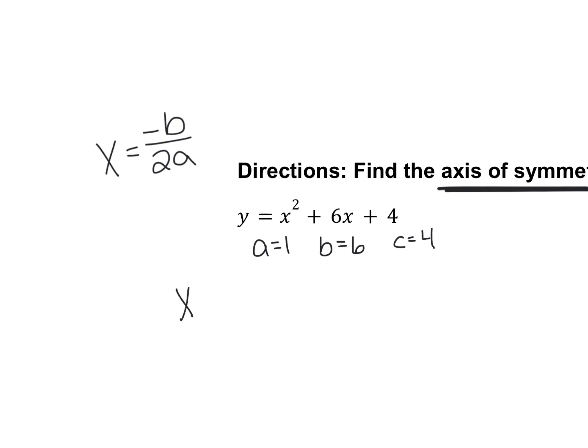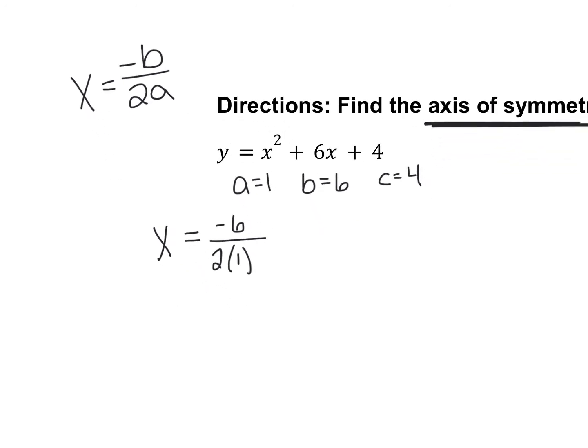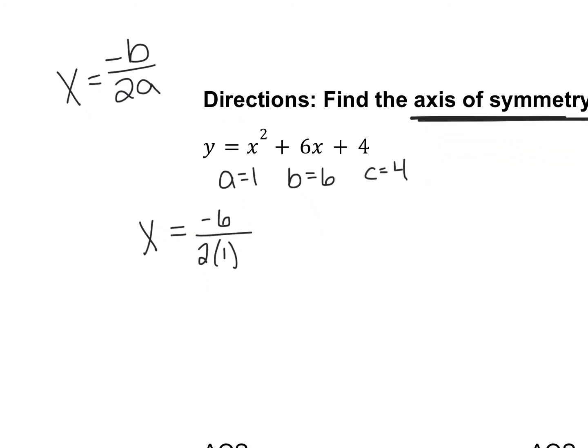So we have x equals, b is 6, and I want the opposite, so -6 over 2, and instead of a, I'm going to put parentheses and my a value, which is 1. Now as I solve it, I have x equals negative 6 over 2.